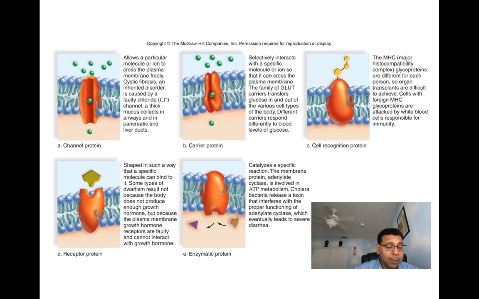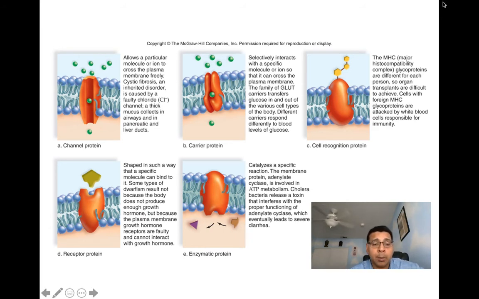Next, we have receptor proteins. Receptor proteins have a shape that allows only a specific molecule to bind to them. The binding of this molecule causes the protein to change shape, and when it changes shape, this causes a cell response.